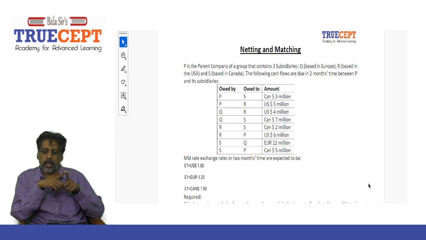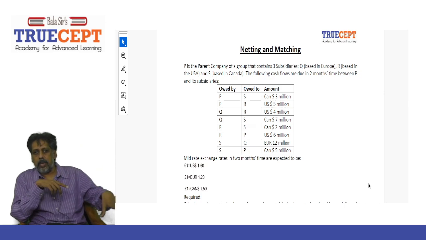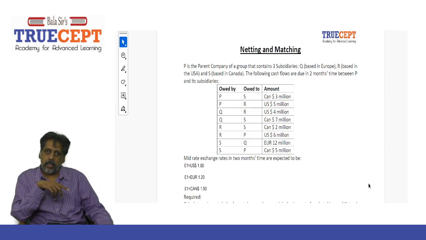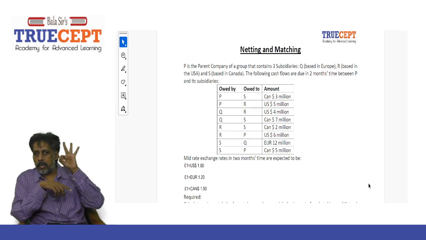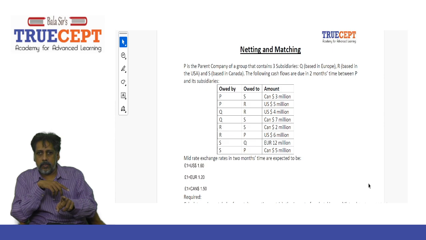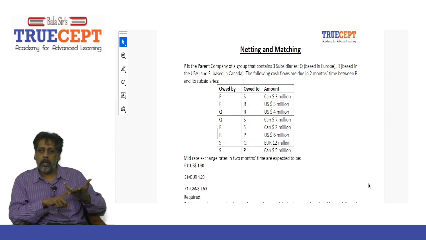P to S, it is Canadian dollar 3 million. What is the meaning? P has to pay 3 million Canadian dollars to its subsidiary in Canada.